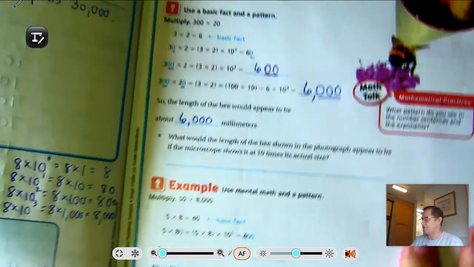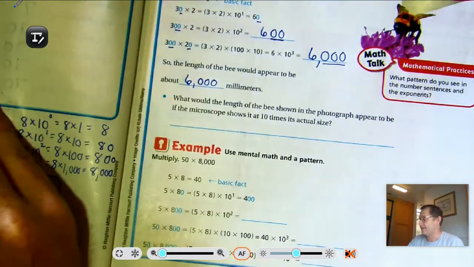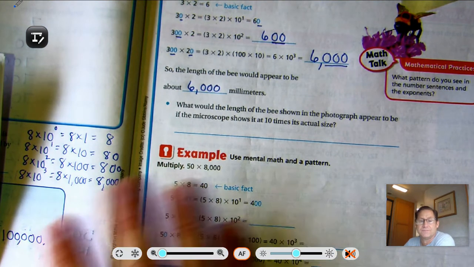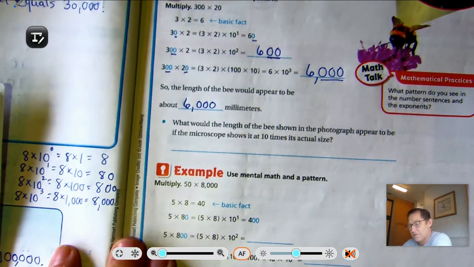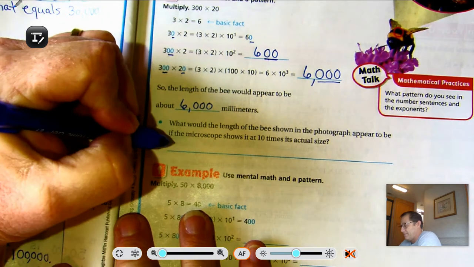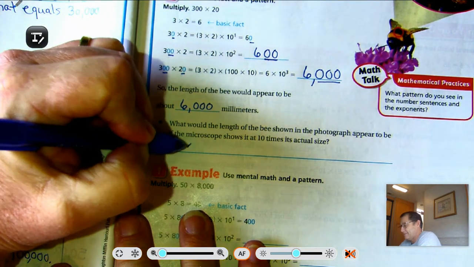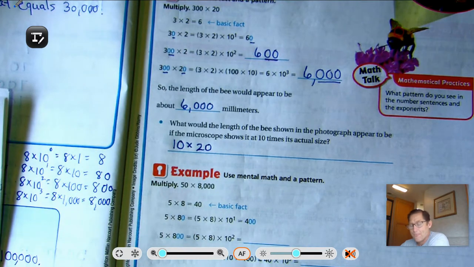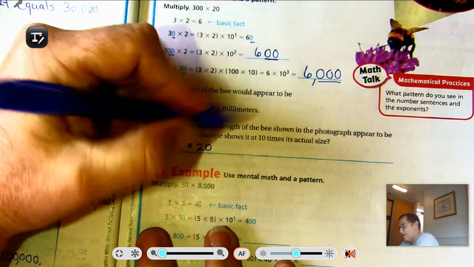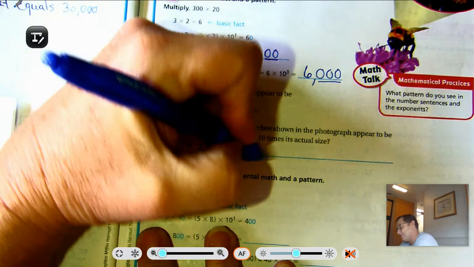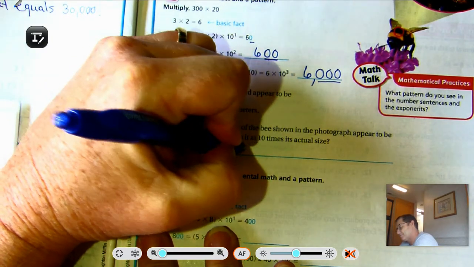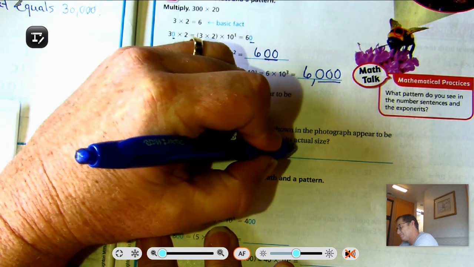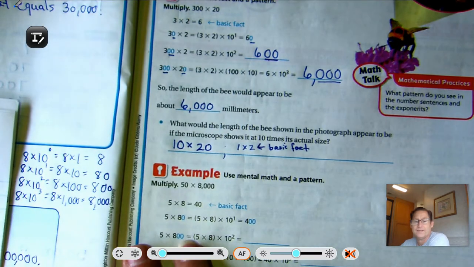What would the length of the bee shown in the photograph appear to be if the microscope shows it at 10 times its actual length? Well, in that case, we'd have 10 times 20. Our basic math fact would be 1 times 2, right?